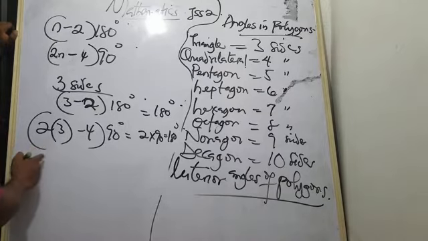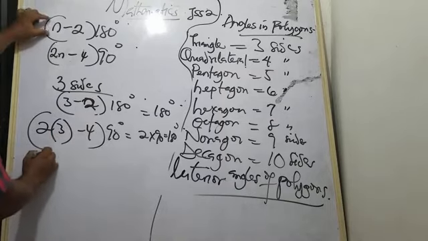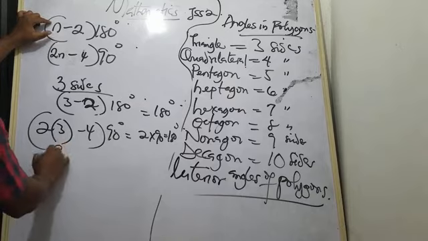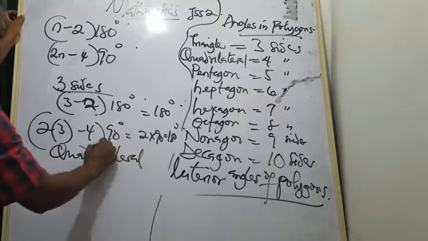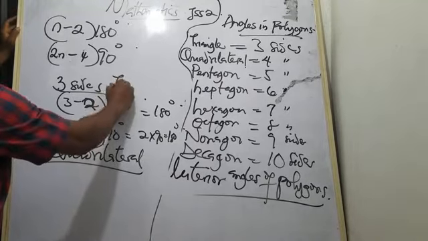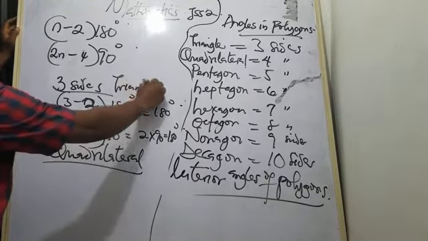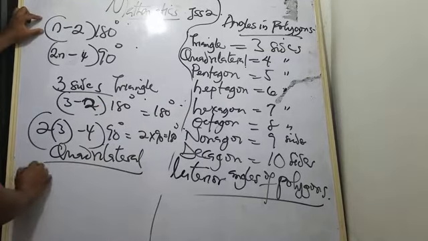Okay? Now, the next one, quadrilateral. This one has 4 sides. Now let's go. n is equal to 4.